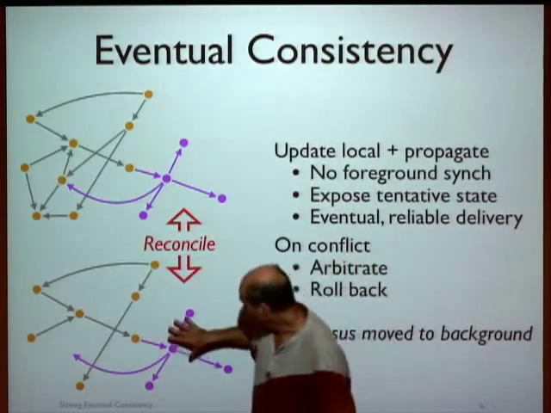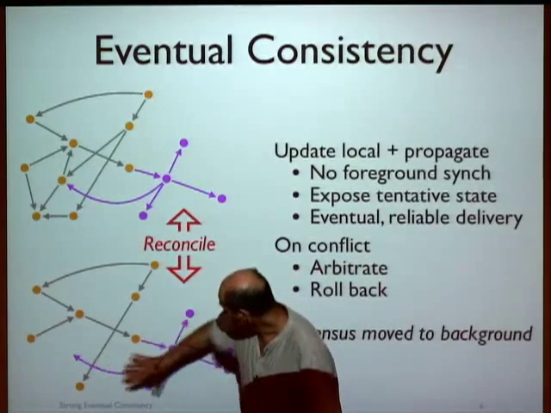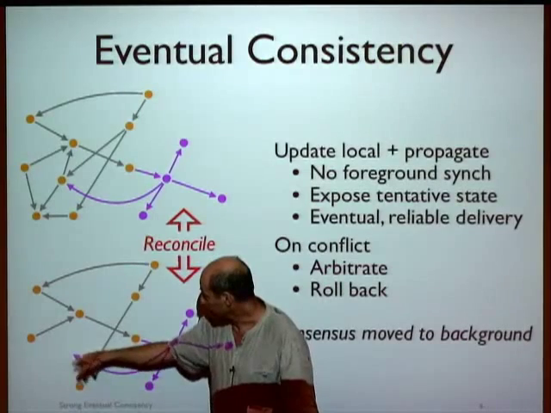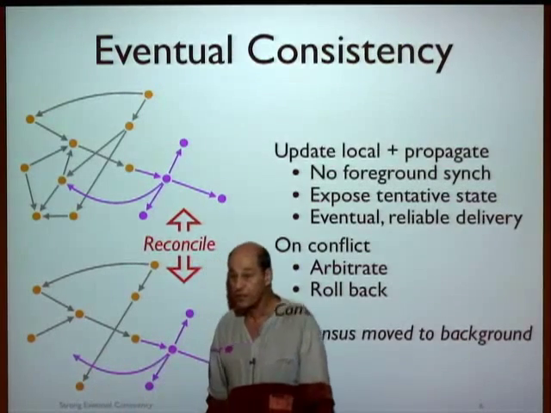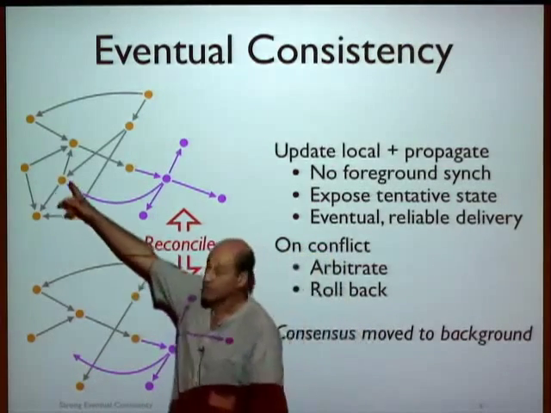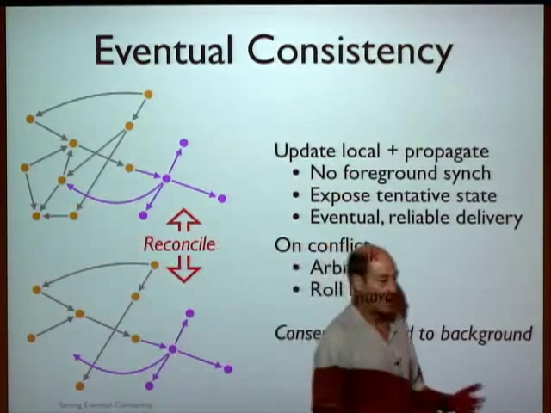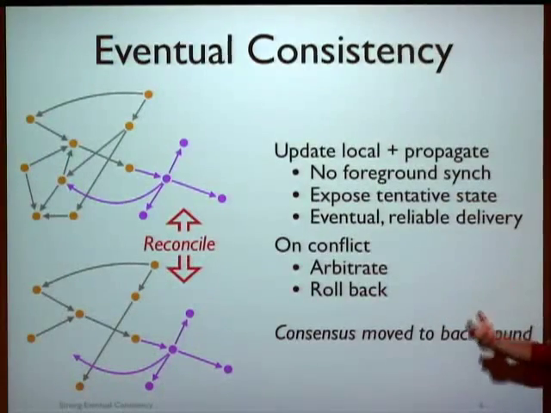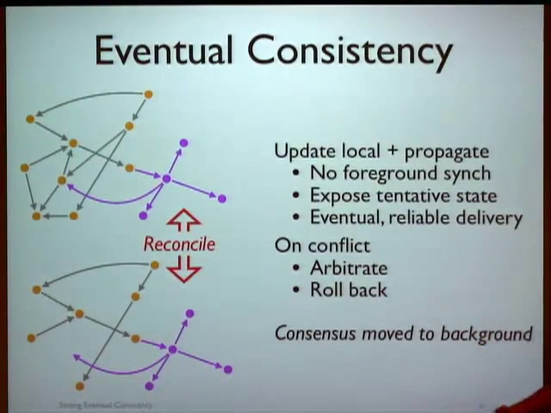I might say, well, adding this subgraph is incorrect because there's no vertex here. Or I could say, well, the delete was incorrect, right? It doesn't really matter as long as you make one of these decisions. But everybody has to make the same decision, of course, right? So again, this reconciliation requires a consensus in order to do it properly.